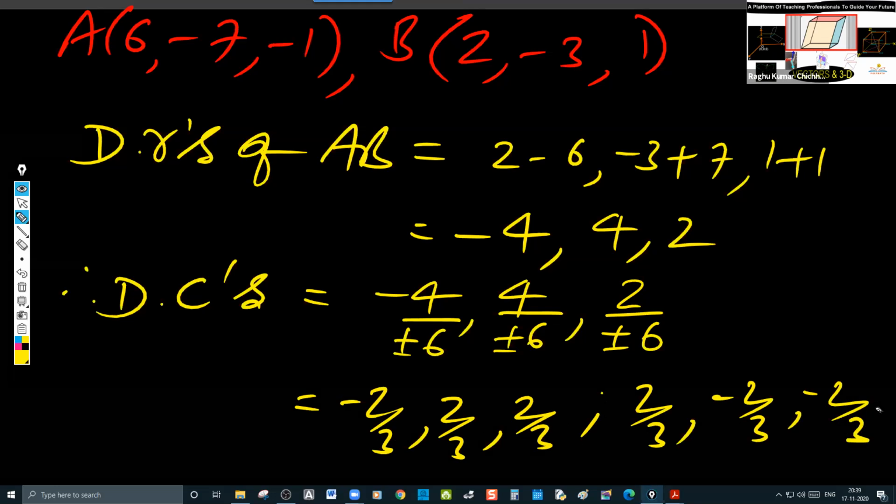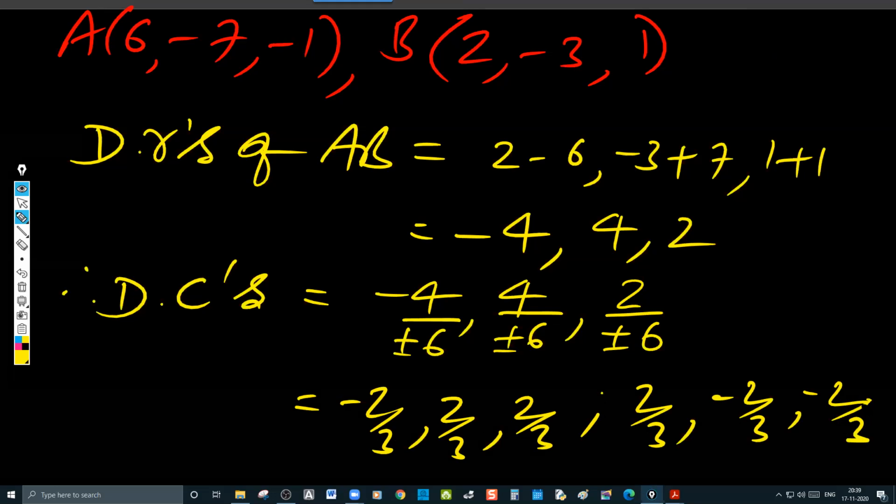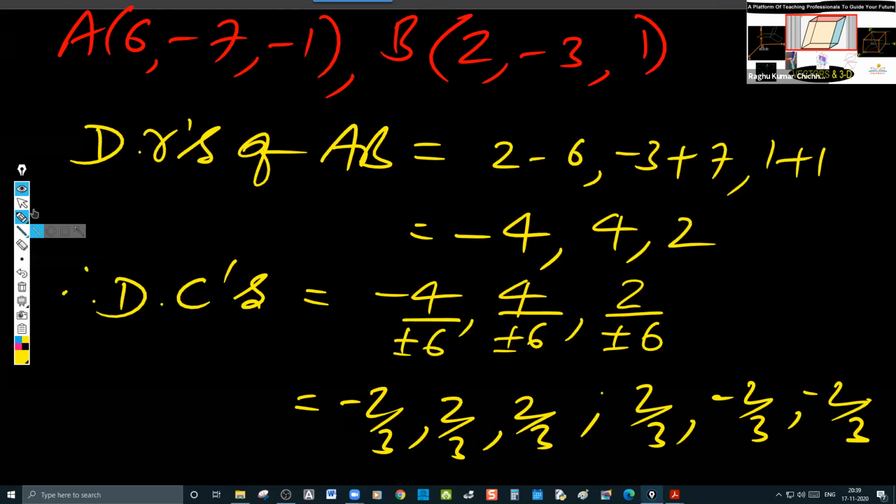What is it saying? It must make an acute angle. Let us check it out. That is an important point here. You have got two answers here. Which answer must be taken? You must decide according to the given question.